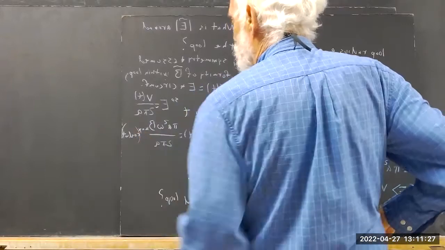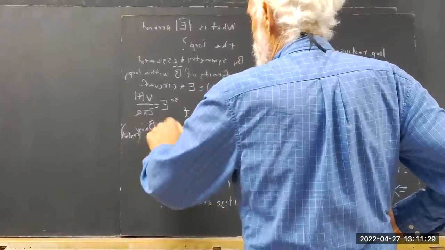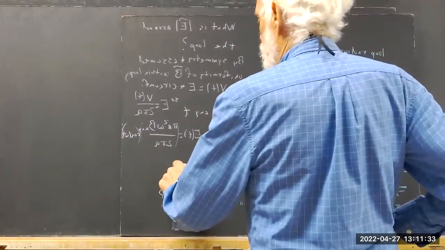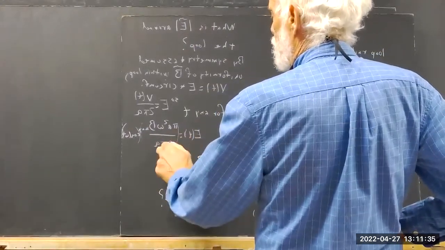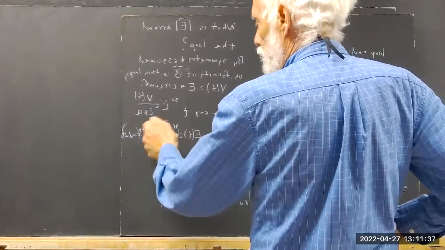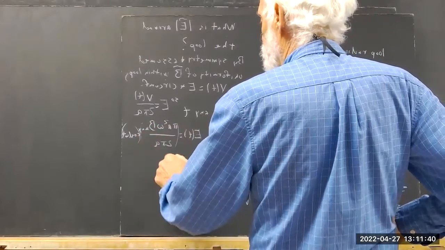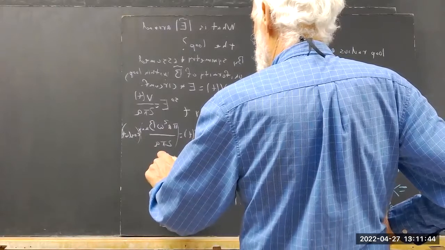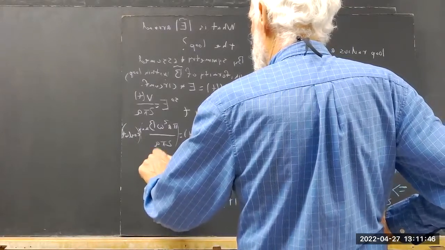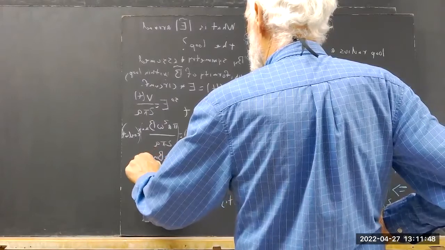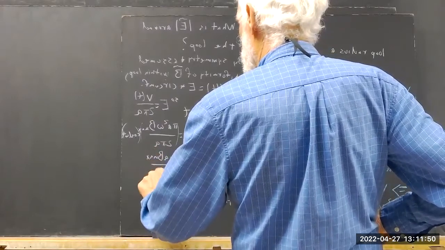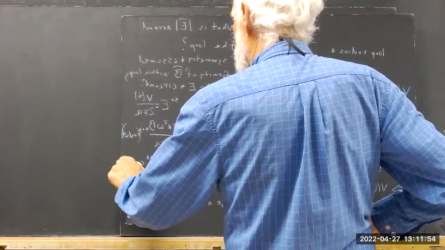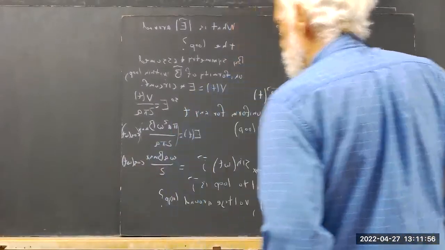I didn't have a lot of room to write, but then you've got a pi here that divides this pi, and an a that divides the a squared. So you end up with a somewhat simpler expression, okay?